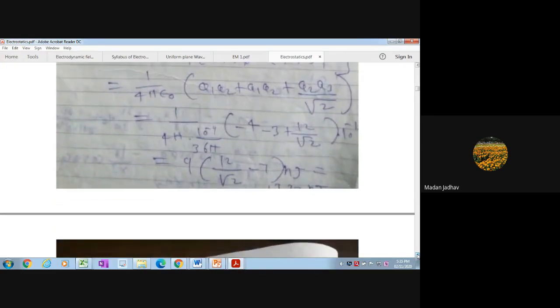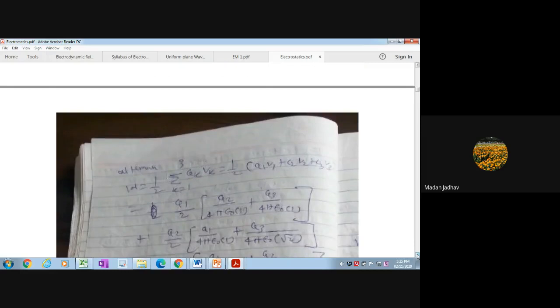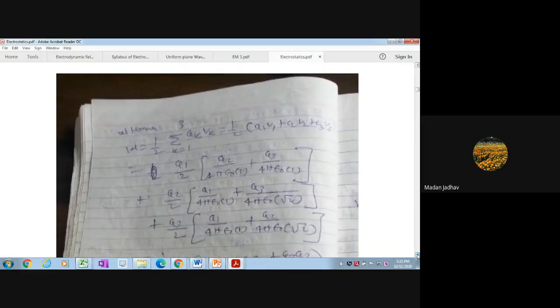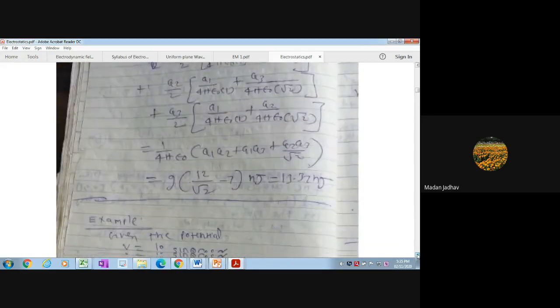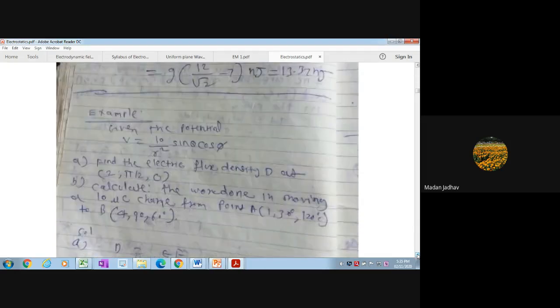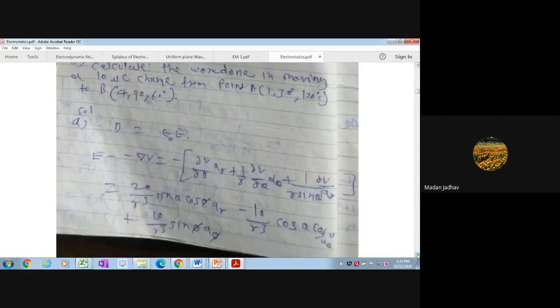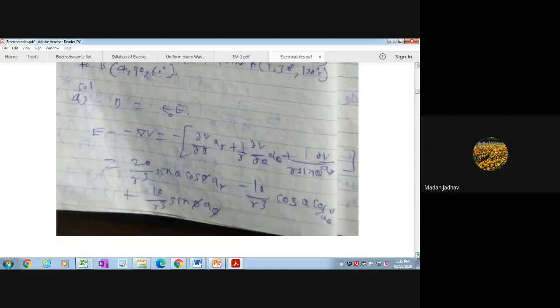In boundary conditions, we are obtaining the equations for the normal component and the tangential component of the electric field.